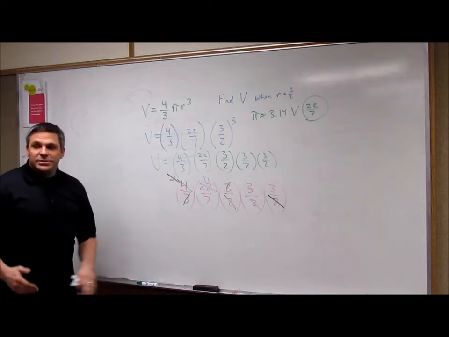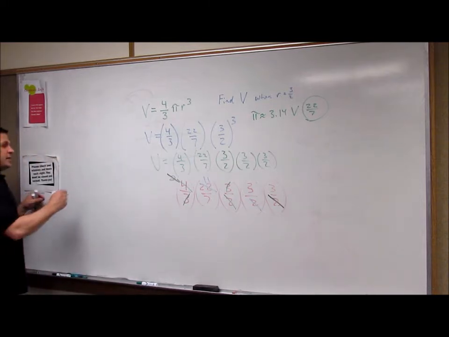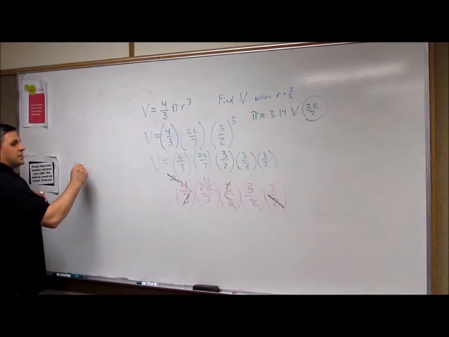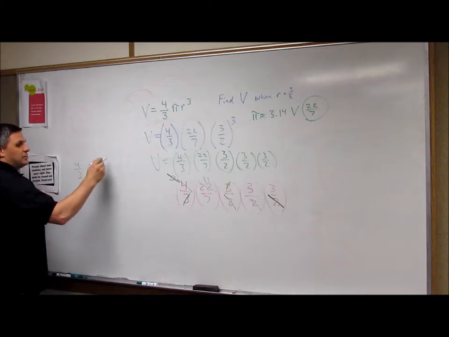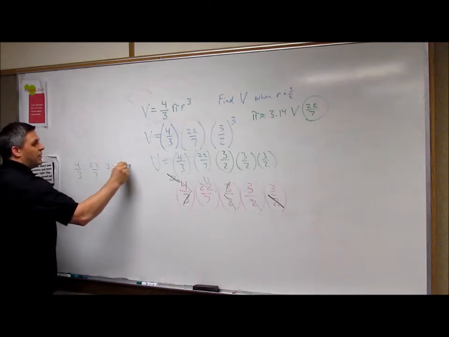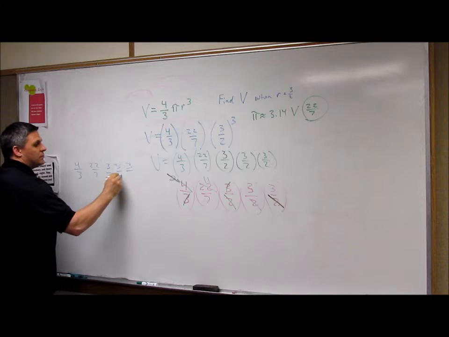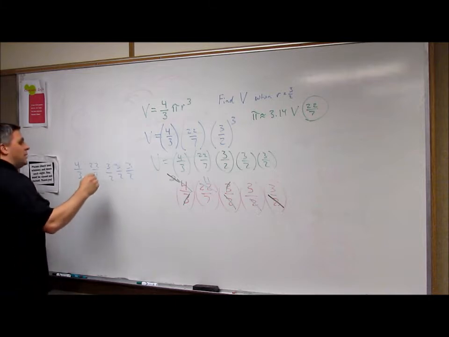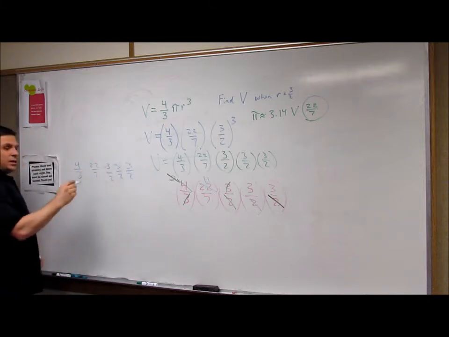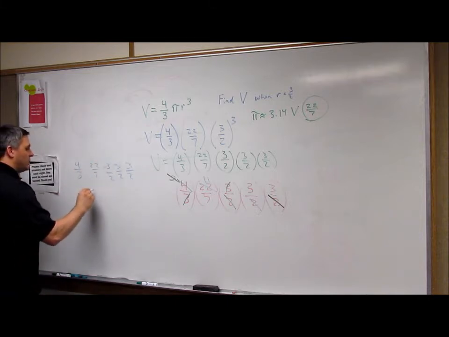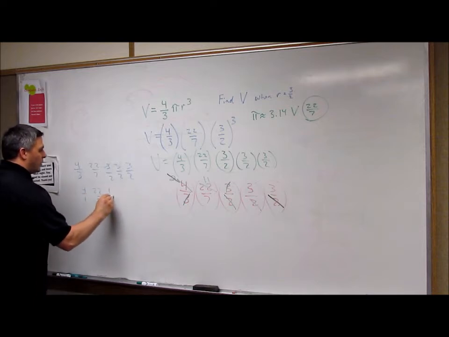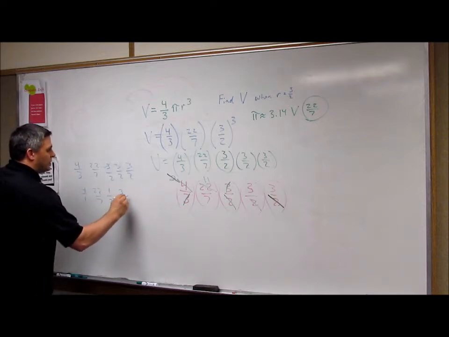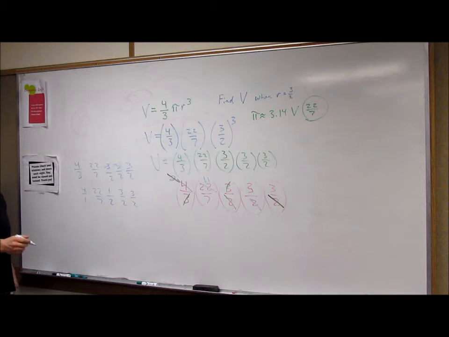Now, you could have done this another way. You could have had this 4/3, 22/7, 3/2, 3/2, 3/2. Now, the other way to do it when you only have one color is to cancel the 3 and 3 and then rewrite it. 4 over 1, 22 over 7, 1 over 2, 3 over 2, 3 over 2.